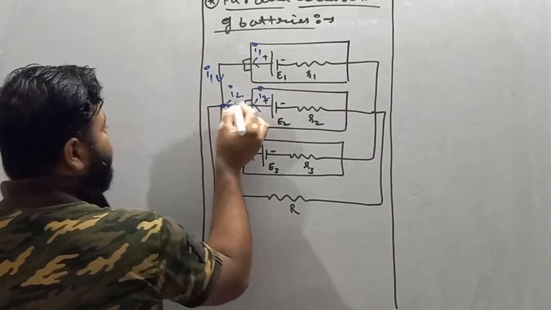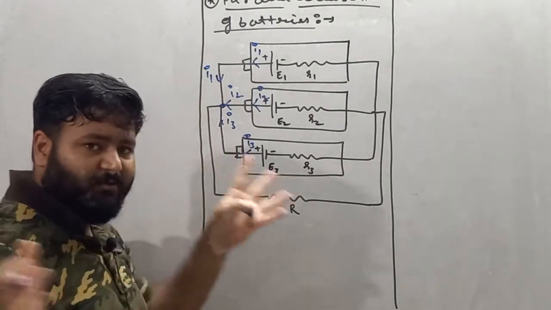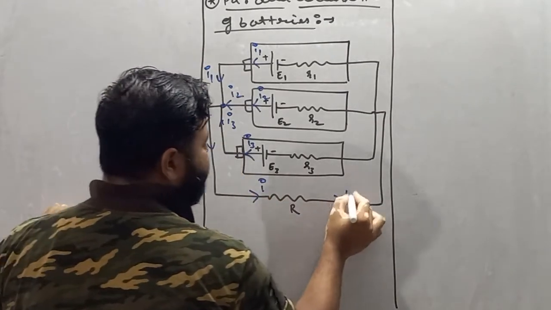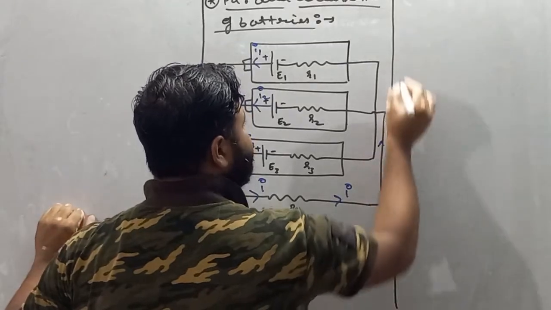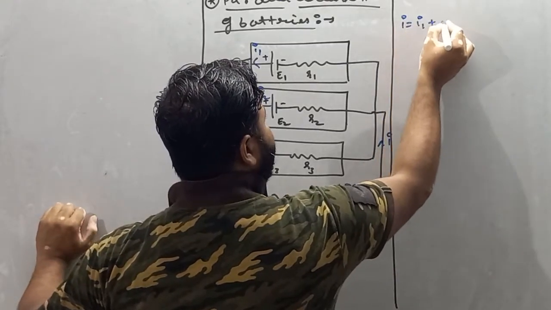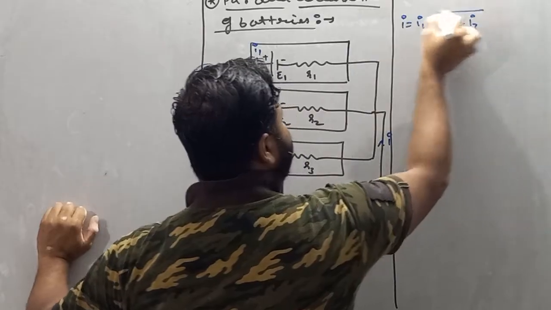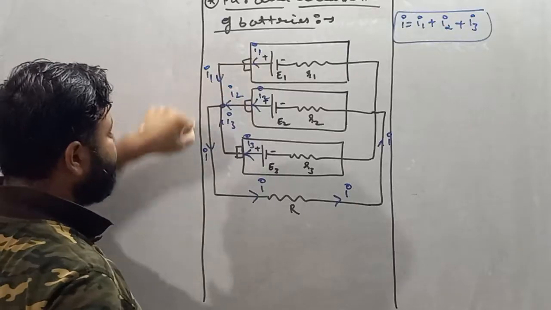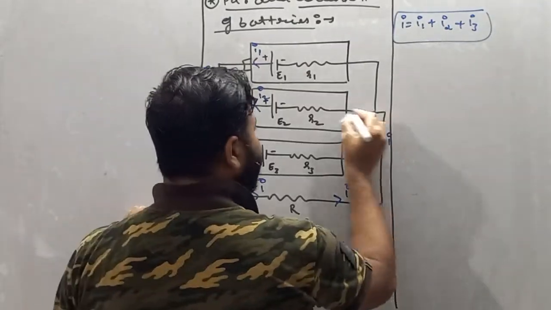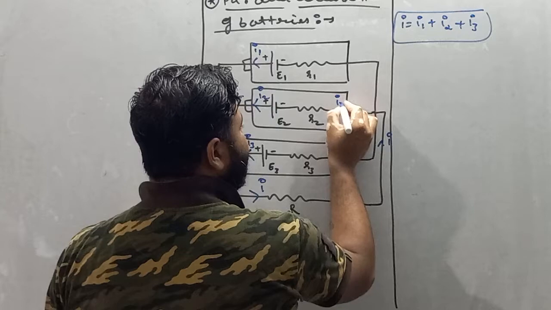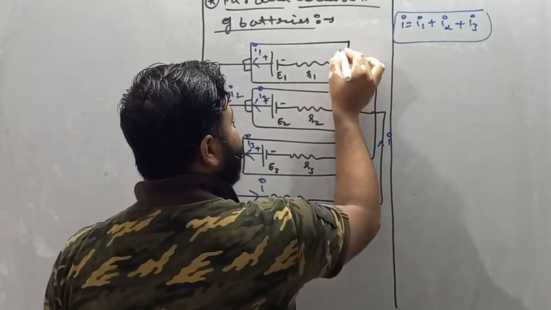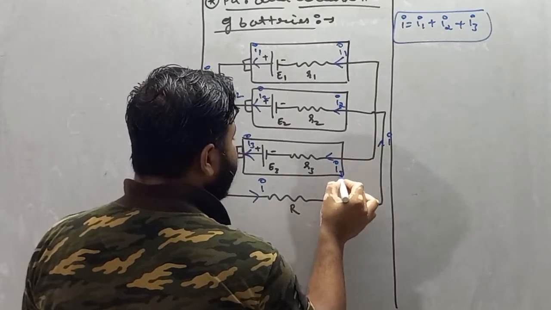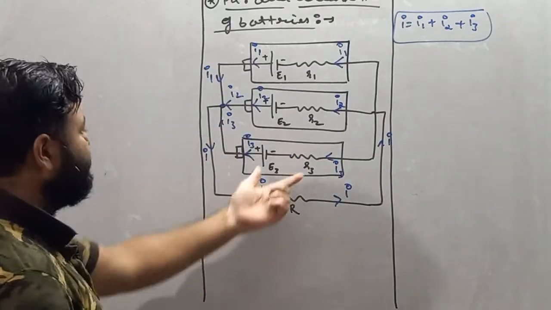From here the current gets only one path, so all the current combines and this external resistor is getting I current, that is I must be equal to I1 plus I2 plus I3, because I1, I2 and I3 combine to form I. Now again, this battery gives I2 current, so we give back I2 current. This battery gives I1, so we give back I1 current. This battery gives I3 current, so we give I3 current back to this battery.